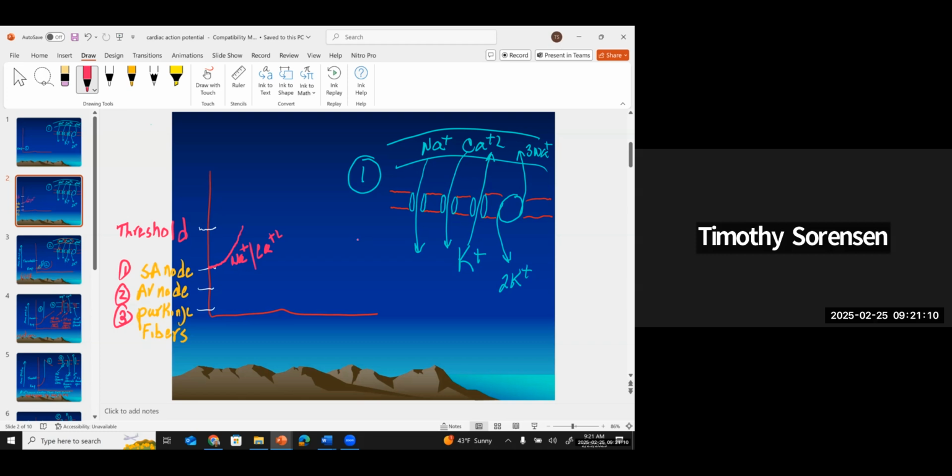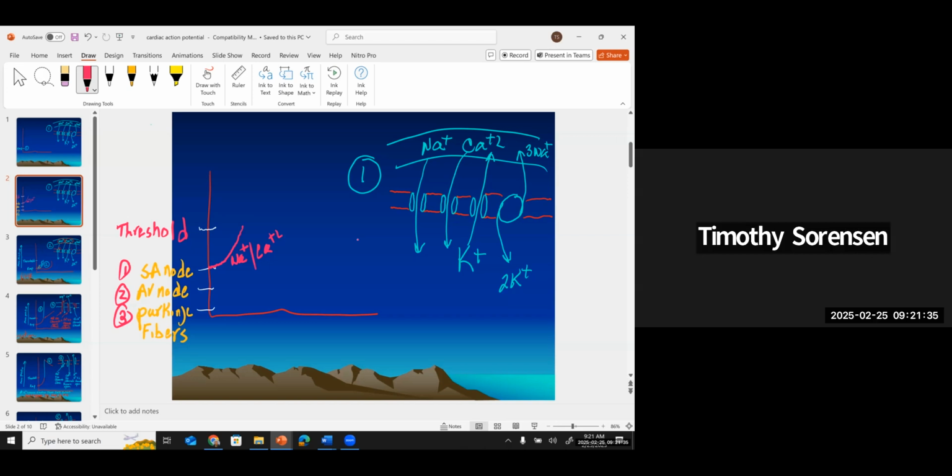And when enough sodium and calcium leaks in, it's going to hit threshold and then activate those voltage gated channels, the sodium and calcium voltage gated channels. And that's going to cause depolarization of the heart, and it's going to produce its electrical activity. Now, as you can see, the resting membrane potential of the SA node is here.